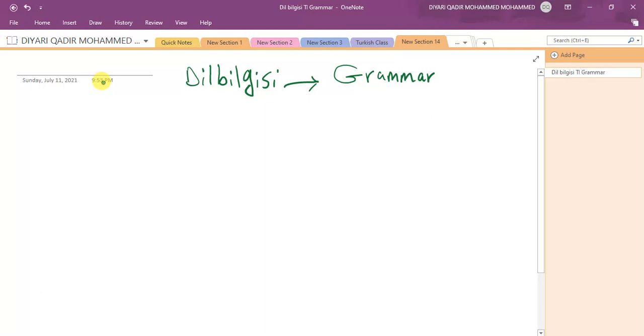First lecture about the Turkish grammar. Before we start to talk about the present tense, the present continuous, and past simple grammar forms, we have to get familiar with the letters, the consonant letters and vowels.